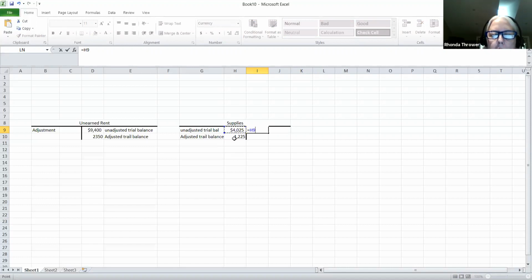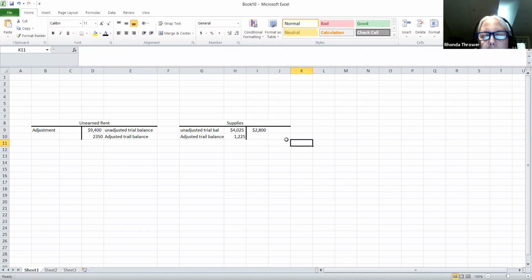So I'm going to take the unadjusted amount and subtract my adjusted trial balance amount, or what I had left on hand, and that's going to tell me exactly how many supplies I've used. This is my adjustment that I would make for my supplies account.